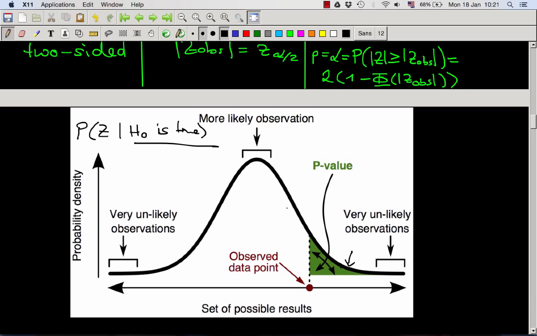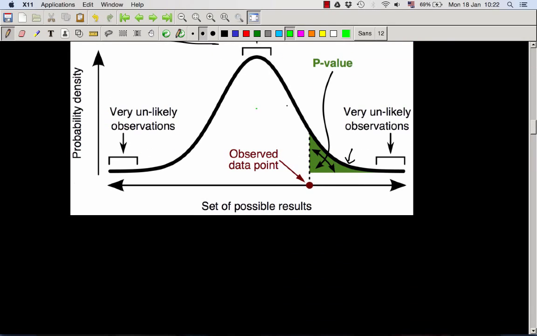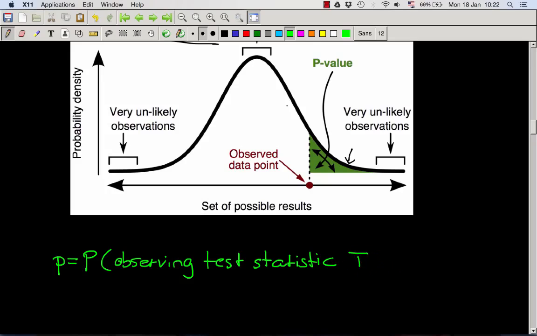So once again, to write it out, p is the probability of observing a test statistic, let's call it T in the general case.